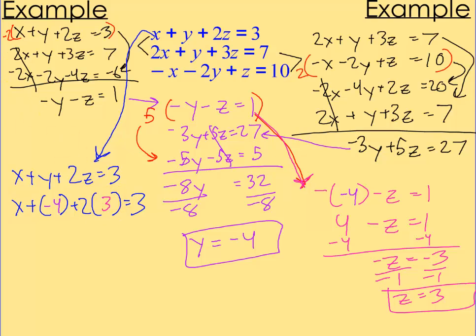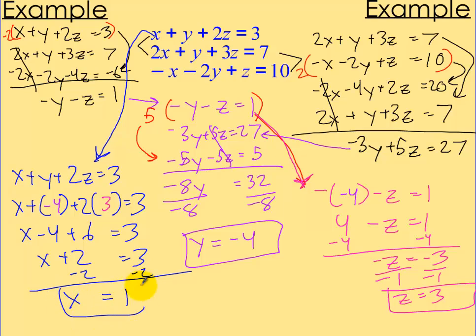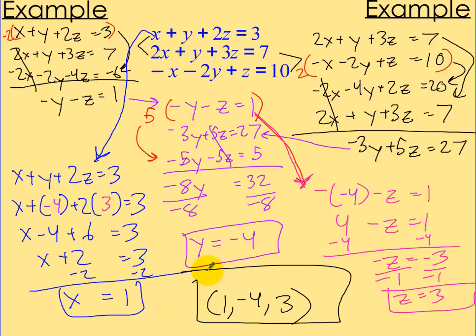So when we solve this, it's going to be x minus 4 plus 6 equals 3. Minus 4 plus 6 will be x plus 2 equals 3. Subtract 2 on each side, and my x equals 1. So those are my three answers. I write that as the ordered pair 1, negative 4, 3. That's a lot of work, but it came out to a nice answer. That's it.